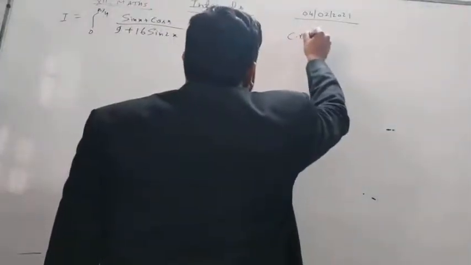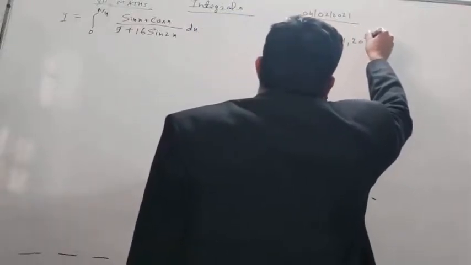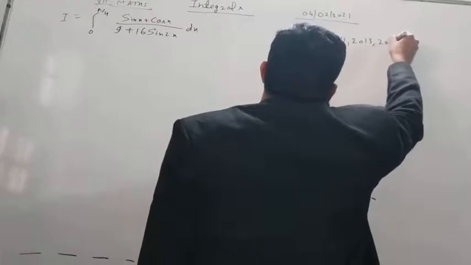Okay, students, this is our question, and this question was asked in CBSE 2011, 13 and 14. Students, this is a very important question from your examination point of view. Now, students, we will solve this question.